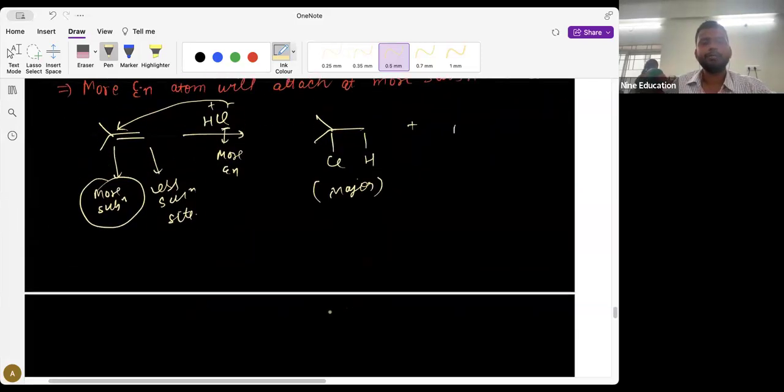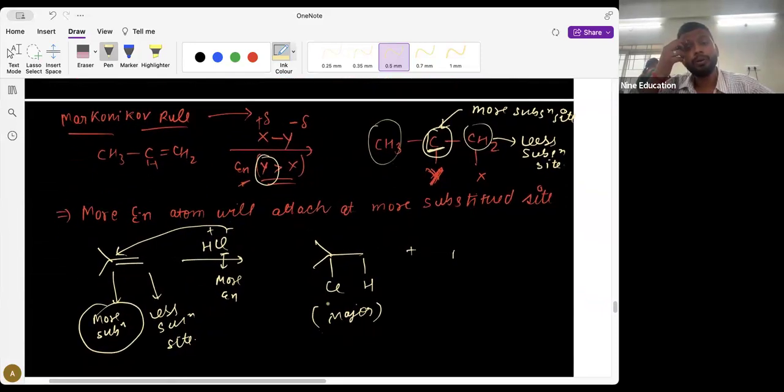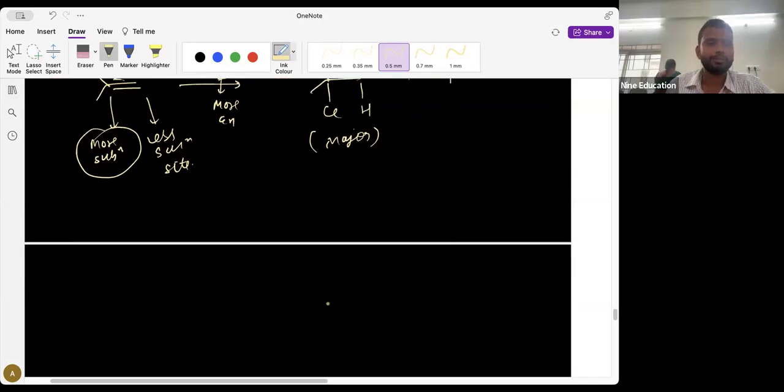तो फिर से देखें, Markonikov rule will tell us that from alkene I am converting, I am removing the alkene, I am making any XY, using any XY. So how to convert from alkene to any other substitute?